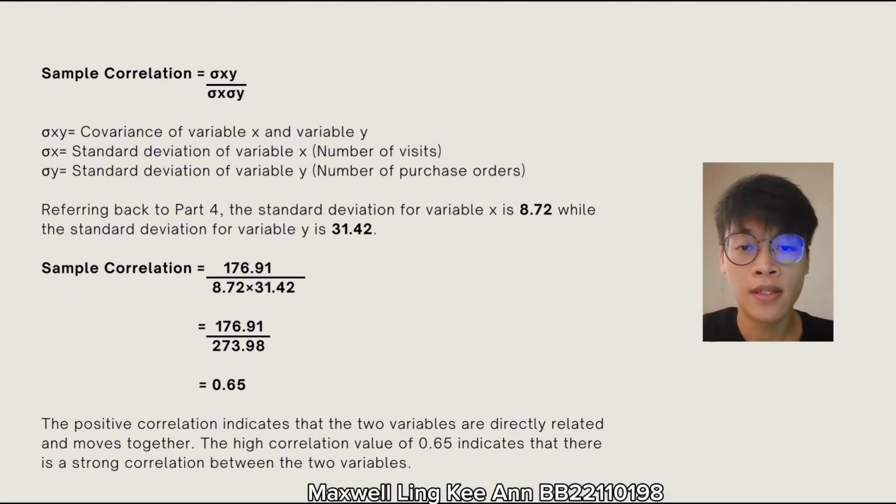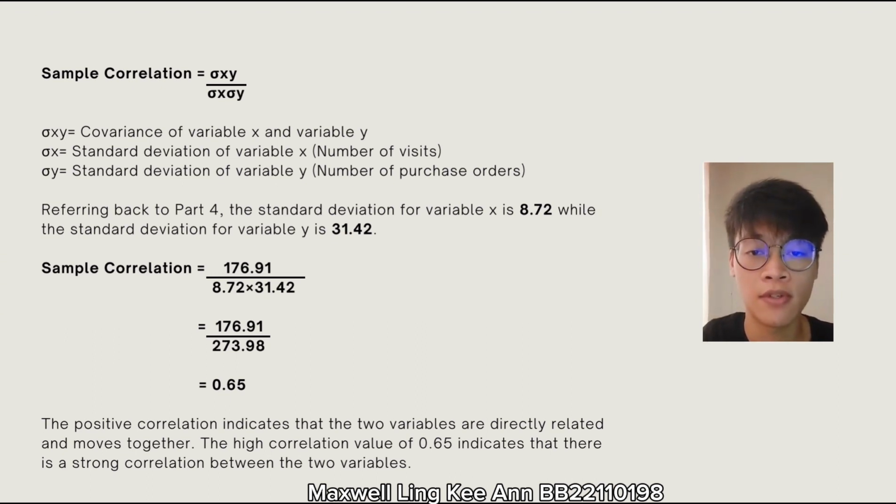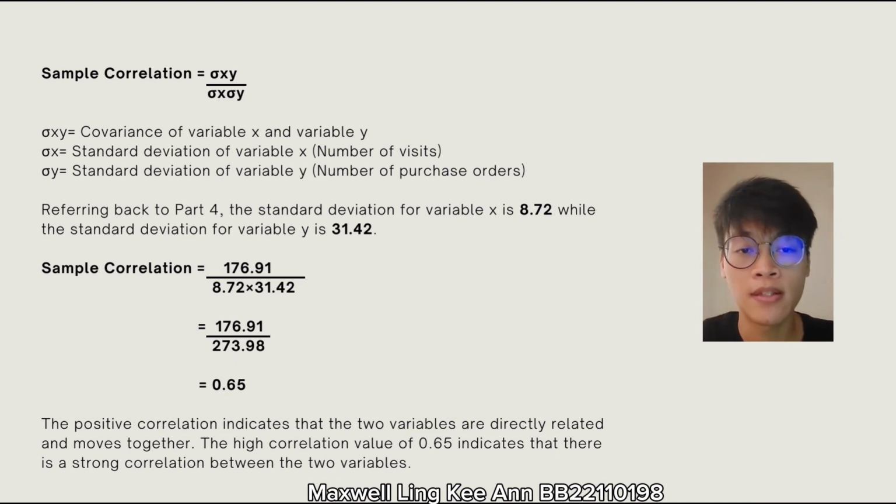Next, we need to calculate sample correlation, and the formula is provided in the slide, where it is covariance of variables X and Y divided by the product of the standard deviation of variable X and the standard deviation of variable Y. Referring back to part 4, the standard deviation for variable X is 8.72, while the standard deviation for variable Y is 31.42.